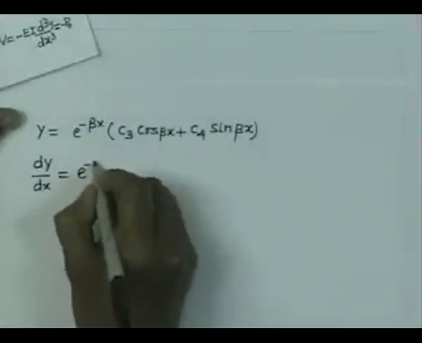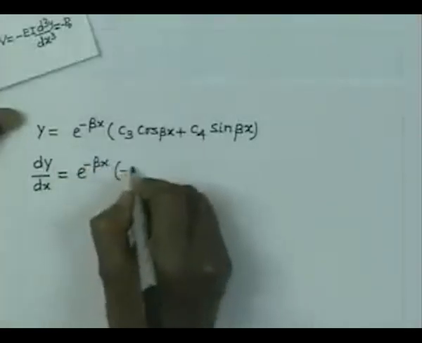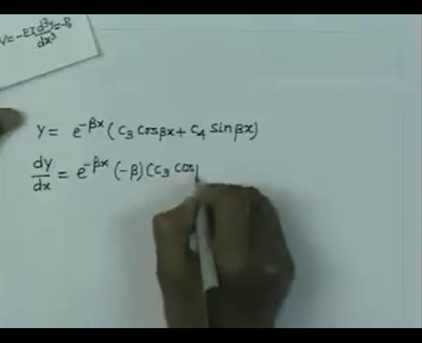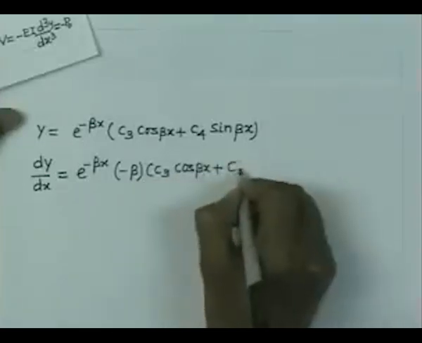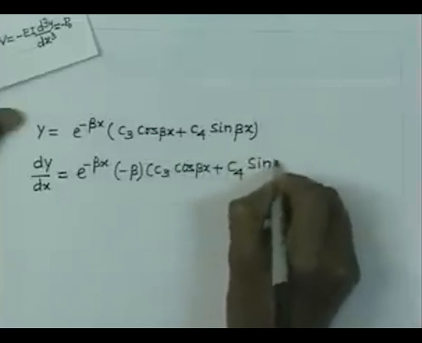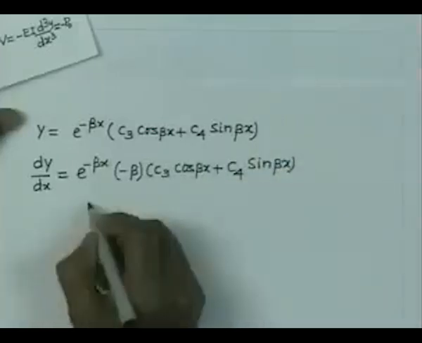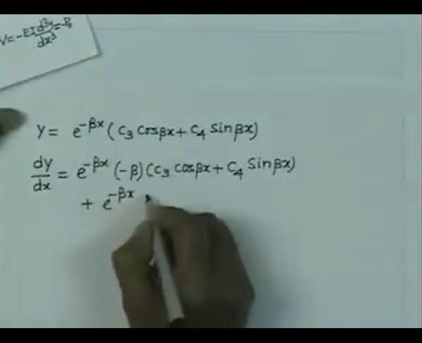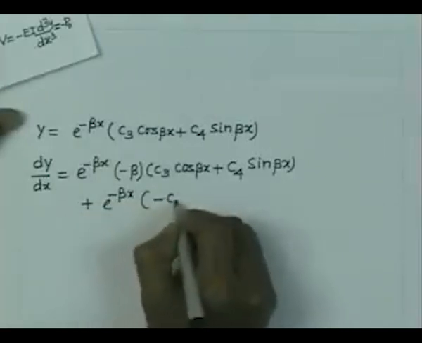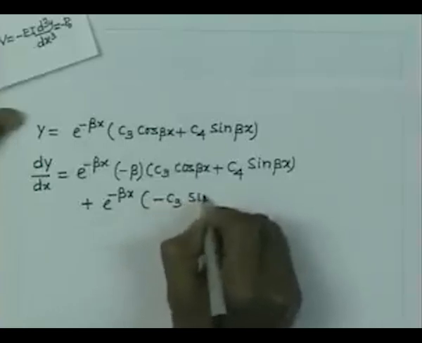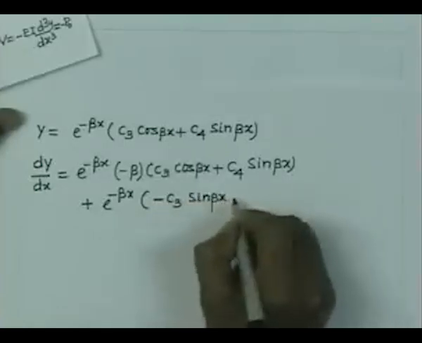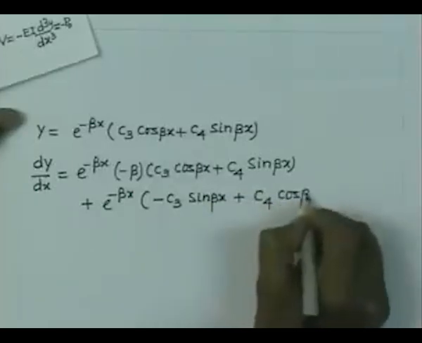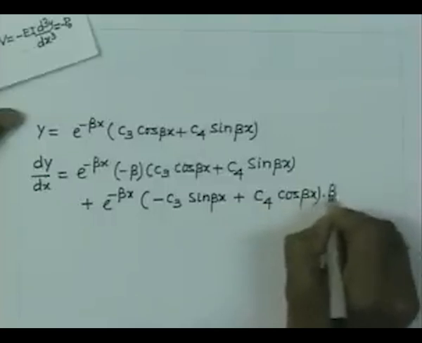It will be e to the power minus beta x into minus beta into C3 cosine beta x plus C4 sin beta x, plus we keep the first function the same and differentiate the second: C3 sin beta x into beta, C4 cosine beta x into beta, which we can keep outside.